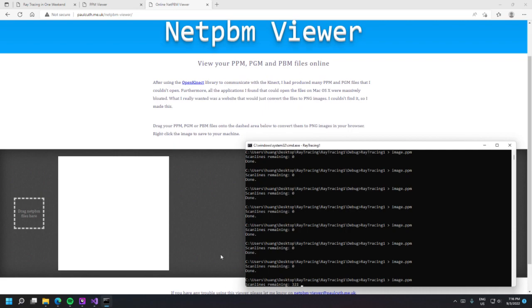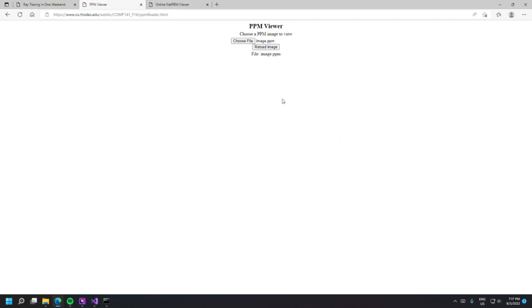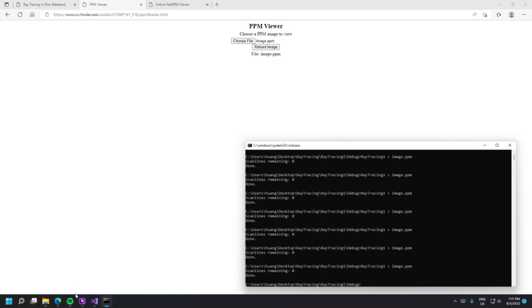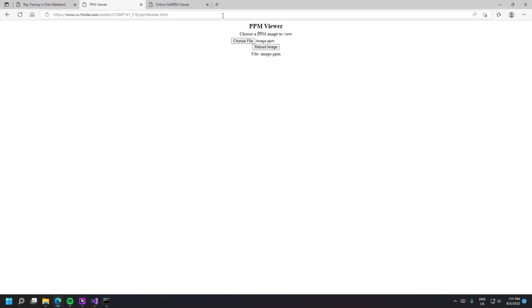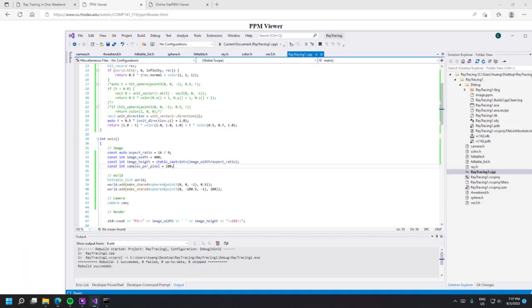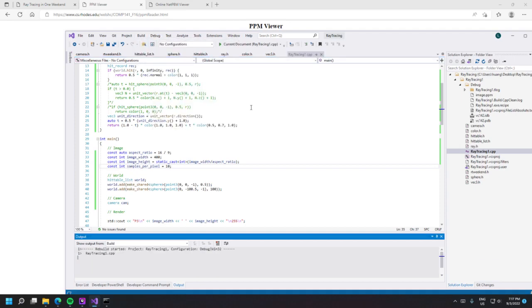I feel like there's something wrong with it, because it's still down in the end. It shouldn't be a blank page. Now, this is a blank page, and it really shouldn't be. Okay, the good news is it's not the PPM reader's fault, but the bad news is we're probably not getting an image at all, because it's so large. Can we do 10? I'm very worried about the 100, so let's do 10 and see if 10 has a similar problem.